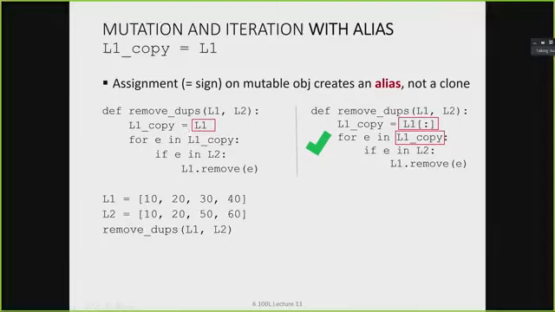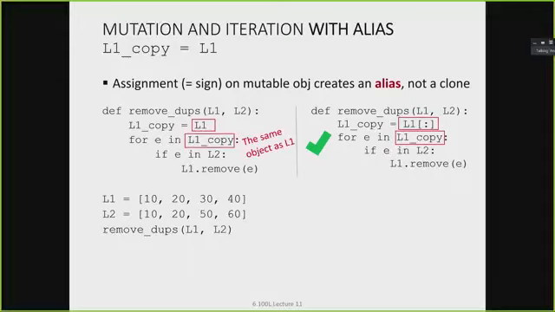And in Python, using this assignment operator, the equal sign, means that you are making an alias for that same object in memory. So it's just another name to refer to that same object. If you mutate that object through L1, L1 copy will also have been mutated because it's pointing to the same object, and vice versa.